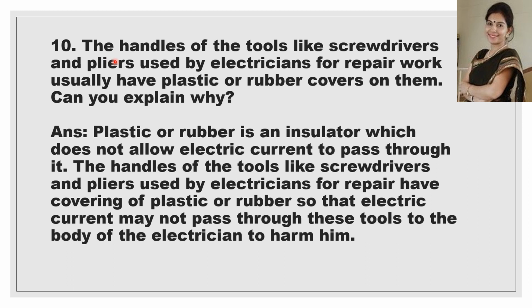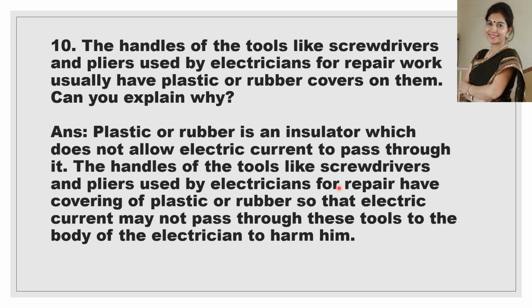Now the next question is, the handles of tools like screwdrivers and pliers used by electricians for repair work usually have plastic or rubber covers on them. Can you explain why? Just now we have discussed why and the answer is almost the same. Plastic or rubber is an insulator which does not allow electric current to pass through it.